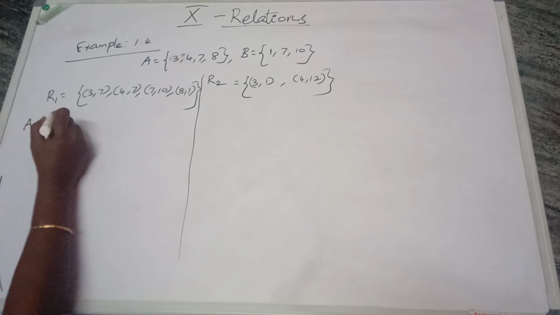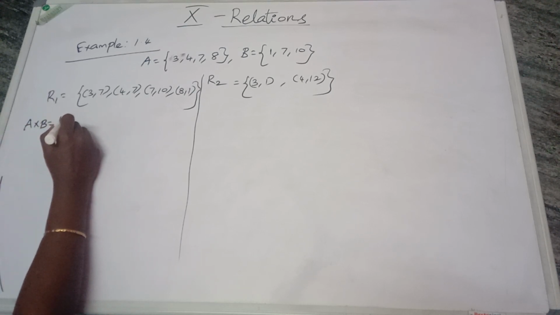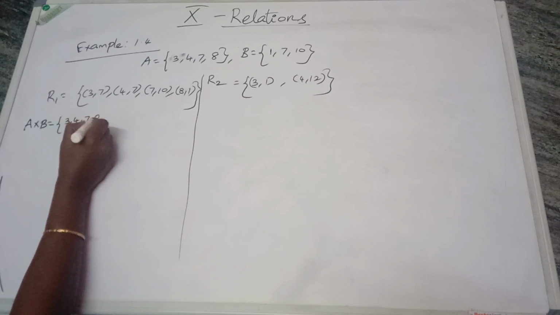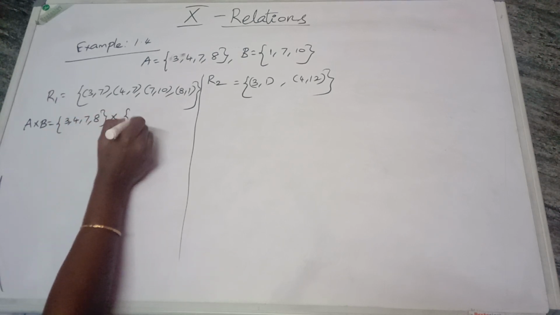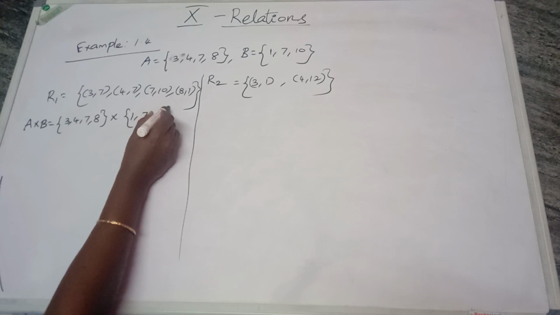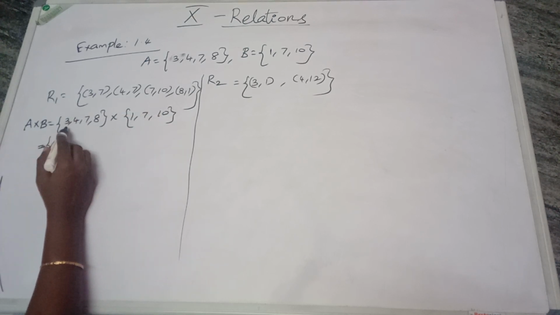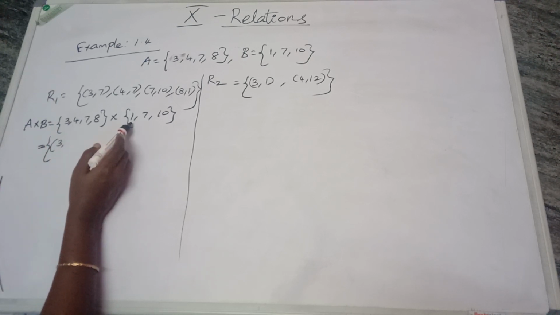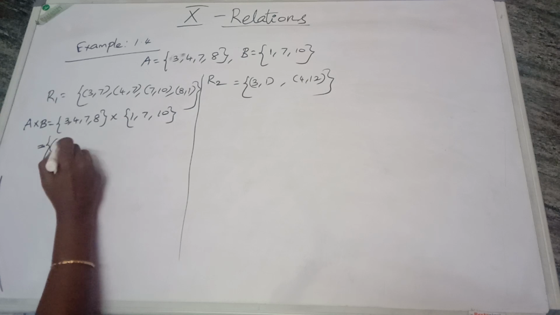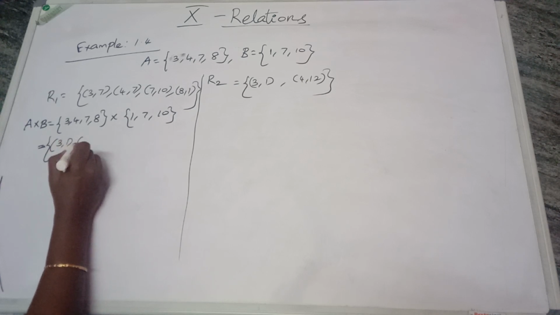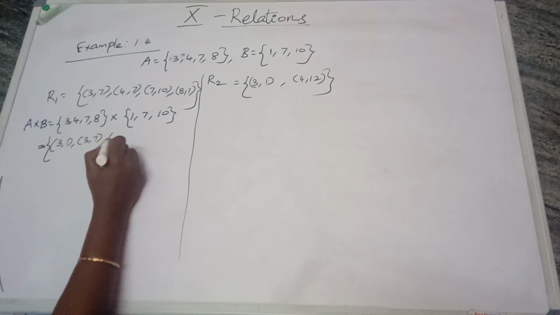A cross B equals: A is 3, 4, 7 and 8, cross the B set 1, 7, 10. So we have to make the ordered pairs. Take the first element and make ordered pairs with the elements of the second set. If you take 3, then 3, 1, 3, 7 and 3, 10.